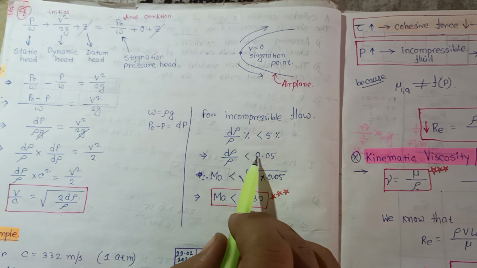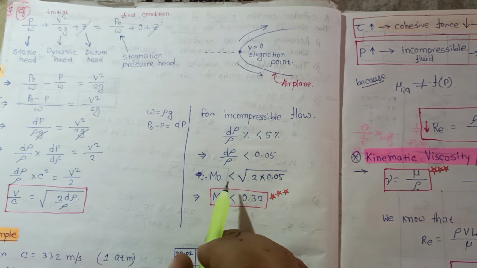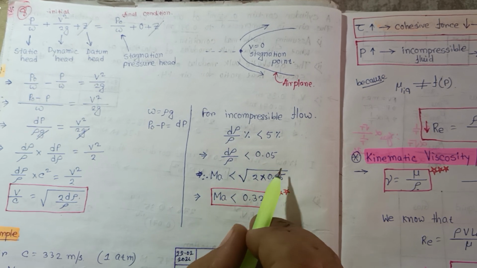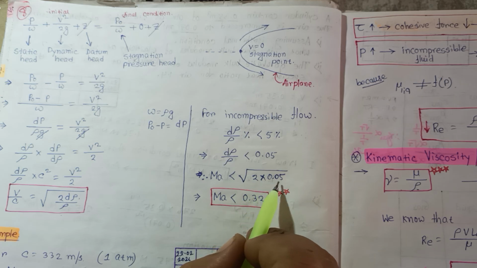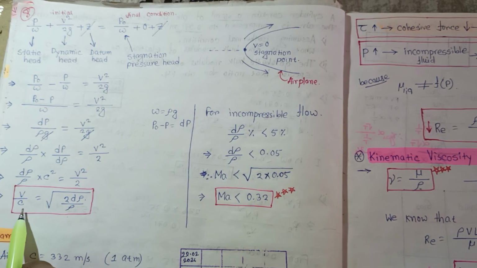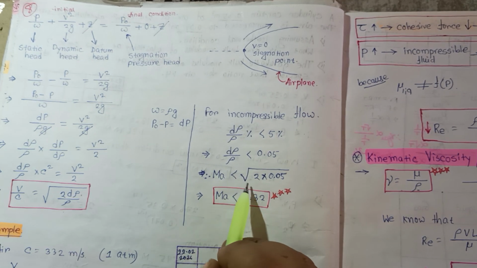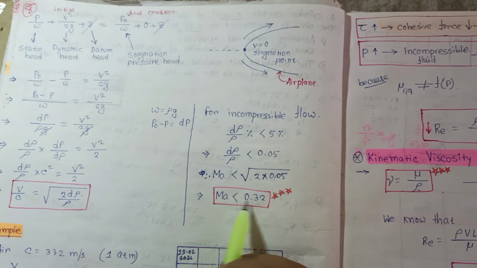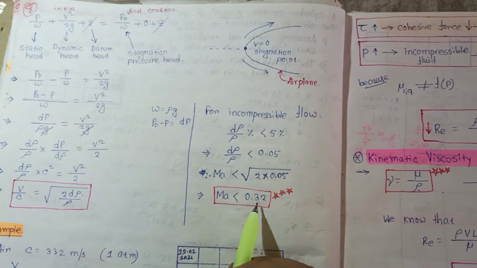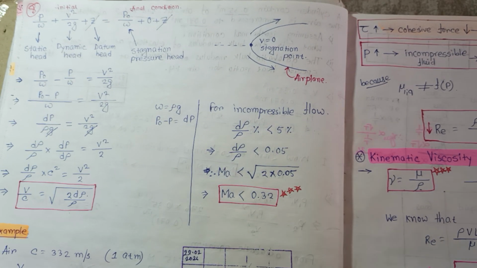So Mach number is less than under root 2 into 0.05. So Mach number is less than 0.32. This is very important.